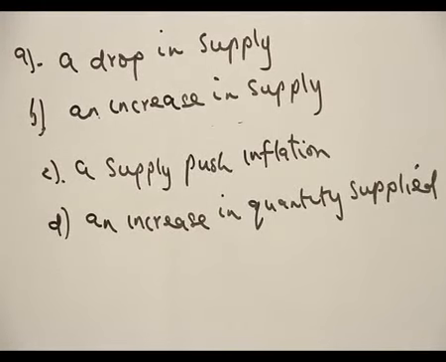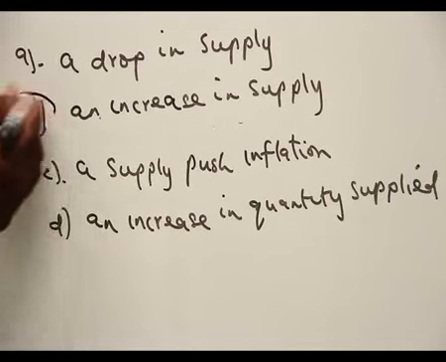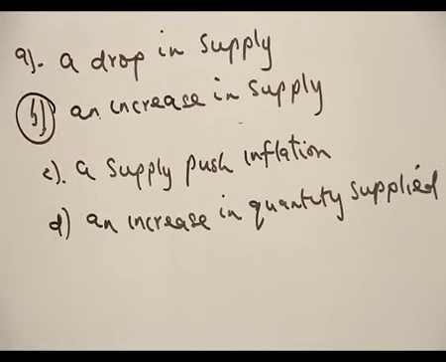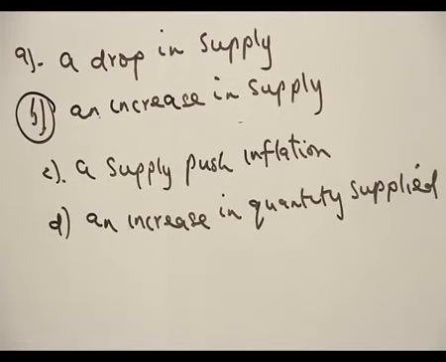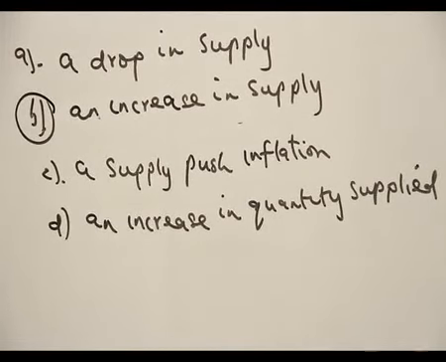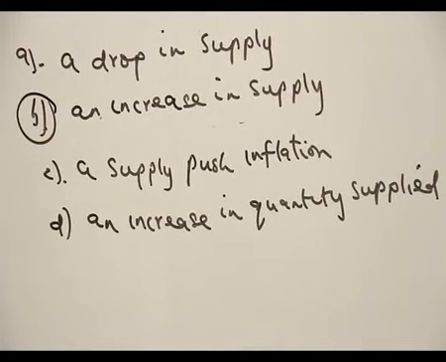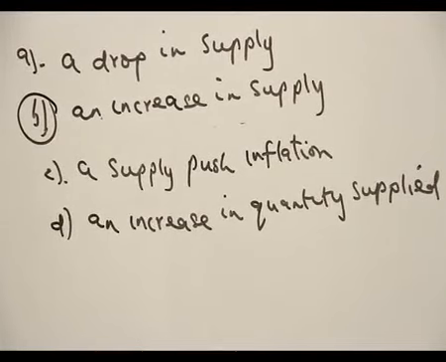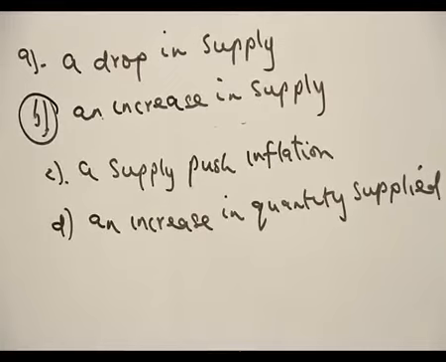The right answer is B, an increase in supply, because we have two supply curves, S0 and S1. So we have a right shift. A right shift indicates an increase in supply when the price is constant.